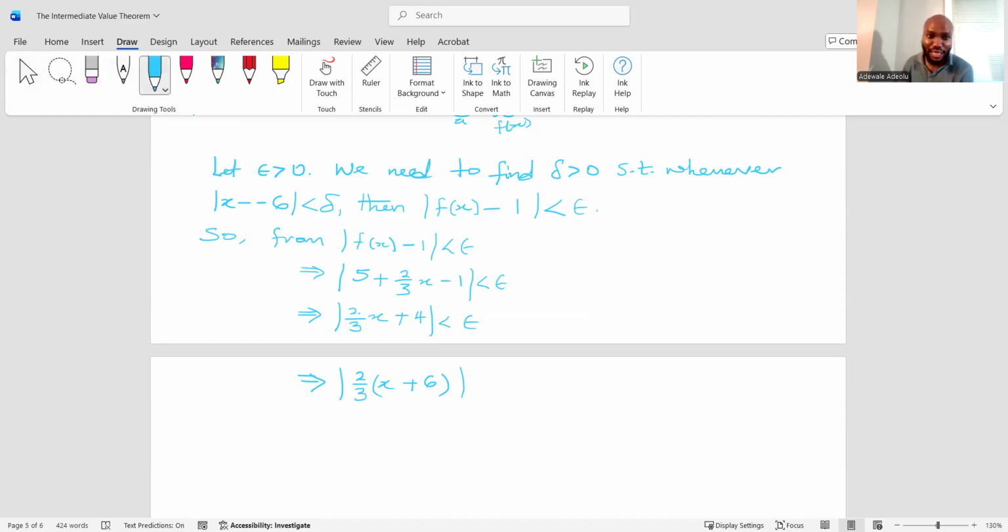And is that our goal? Yes, that is our goal, because in this place, minus times minus is plus. So that is our goal. And it is less than epsilon. So that implies that absolute value of 2 over 3 times absolute value of x plus 6 is less than epsilon. And that implies that 2 over 3 times |x + 6| is less than epsilon.